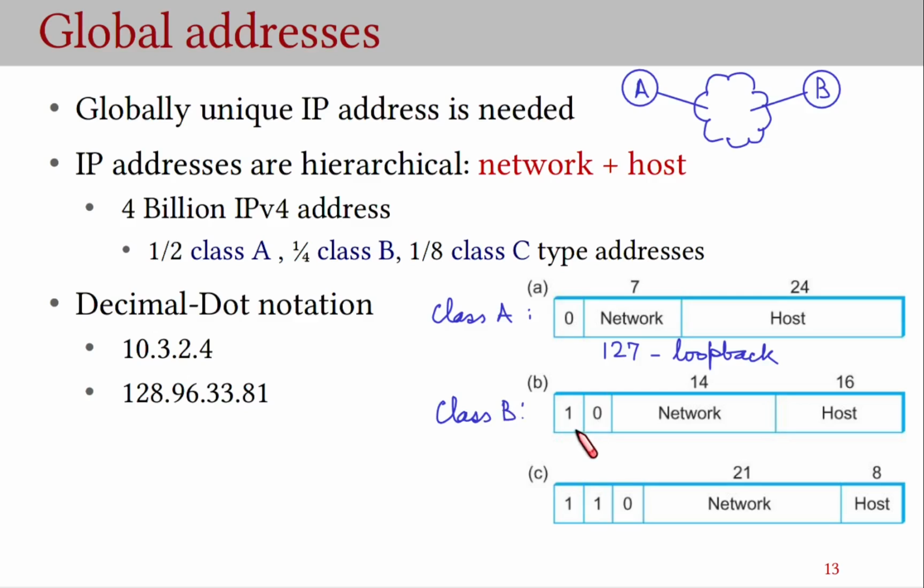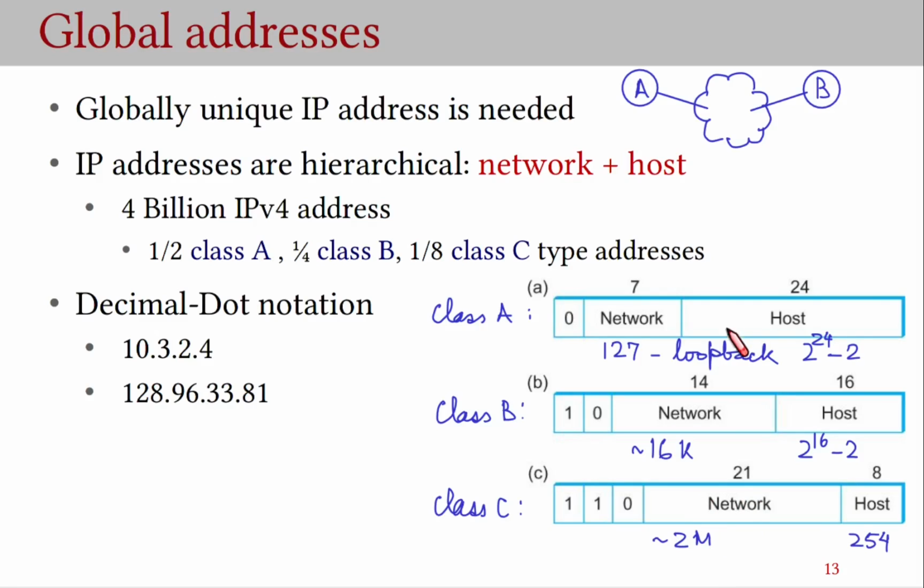These addresses begin with bits 1 and 0, and then the next 14 bits are used to identify a network address, so there can be about 16,000 class B networks. Then we have class C networks. These addresses begin with bits 110, and then we have 21 bits for network address, which means there can be 2 to the power 21, or about 2 million, class C network addresses.